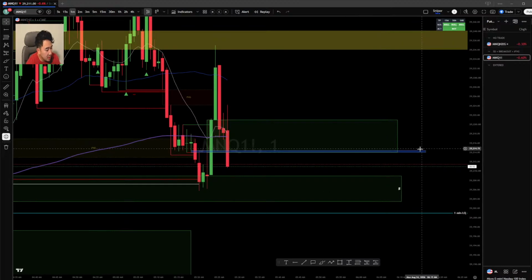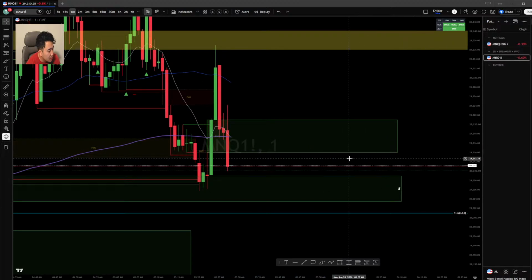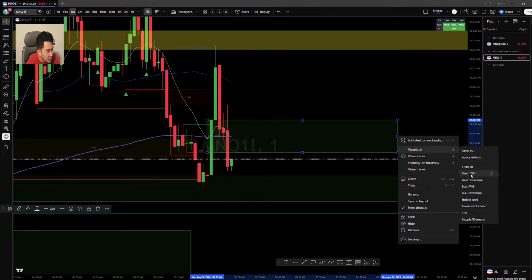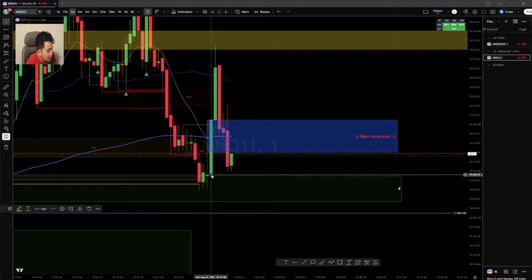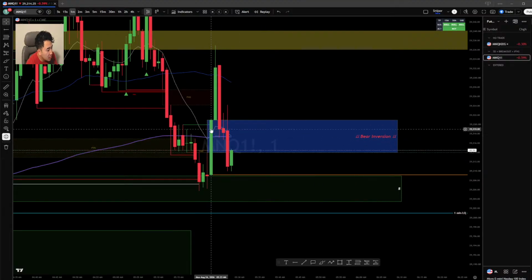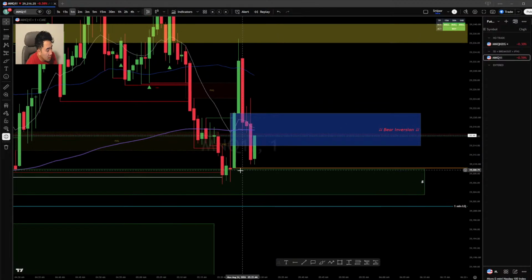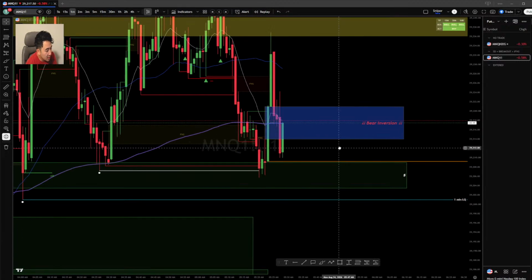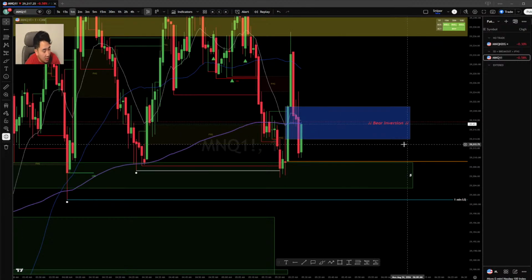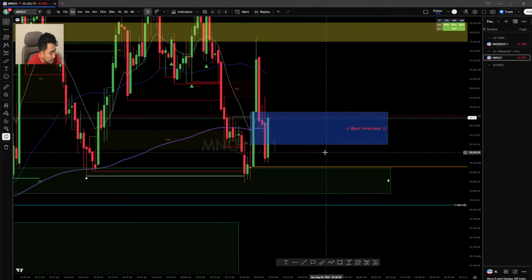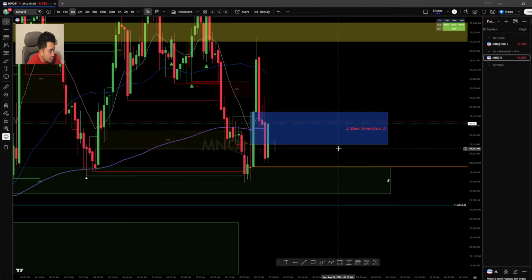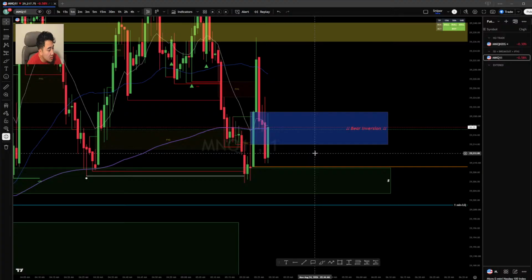Looks like price is going to close over it, so we'll delete that. This becomes a bearish inversion. I would want price to close over this candle low right here that created this bullish FVG, and then retrace back and then continue back down. We're just sitting near a 5-minute gap here that's close. That could push price up if we're looking for shorts, so it could stop us out.